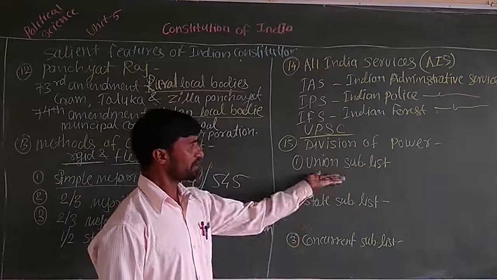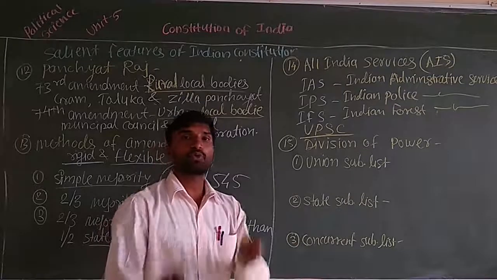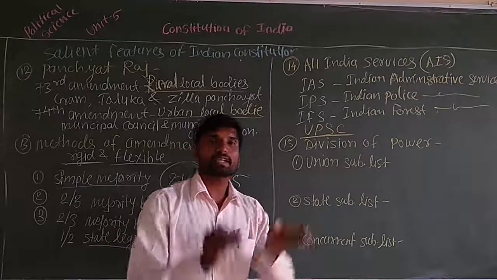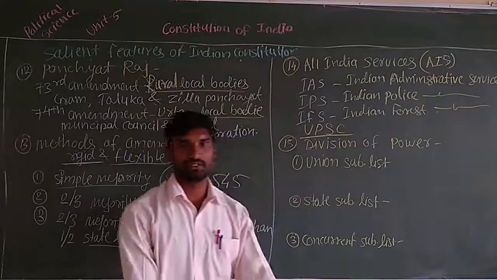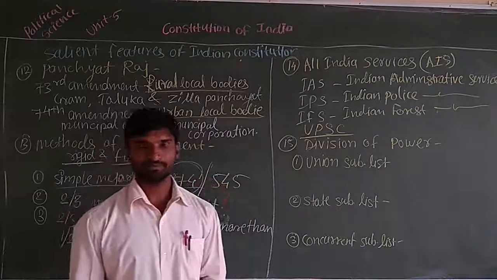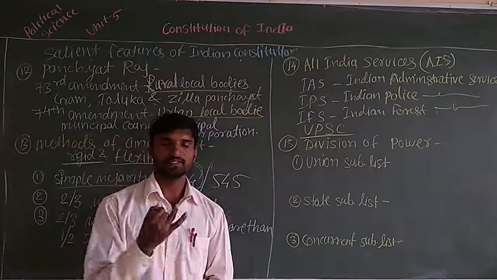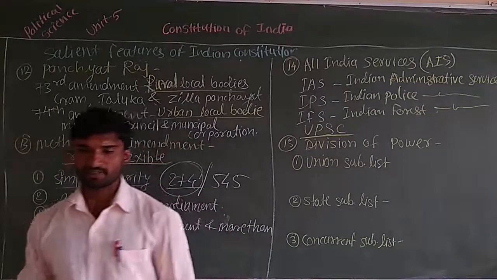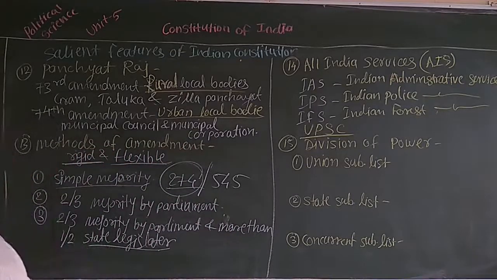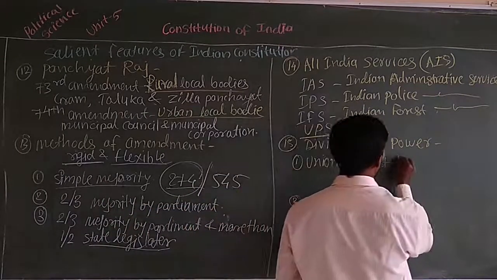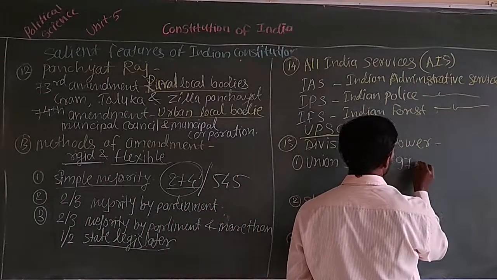So what subject comes in the Union government? Those are very important in matters of national importance or for the nation. For example, defense, currency, foreign affairs. These issues are very important and it consists of 97 subjects.